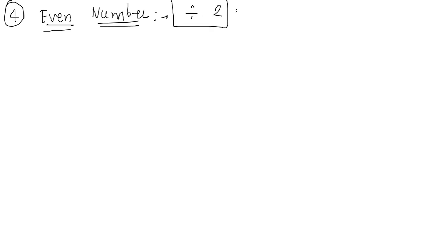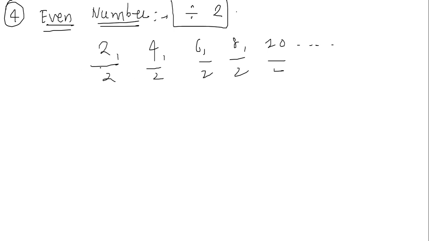For example, 2, 4, 6, 8, 10 and so on. All these numbers are divisible by 2. So we can say that 2, 4, 6, 8, 10, 12, 14, all these are even numbers.